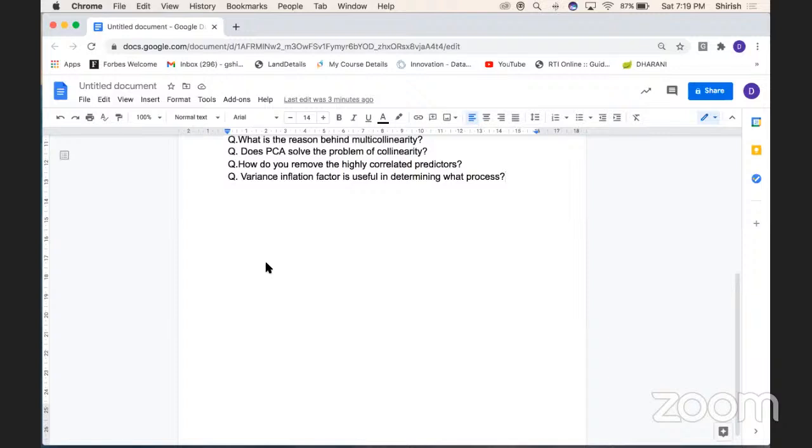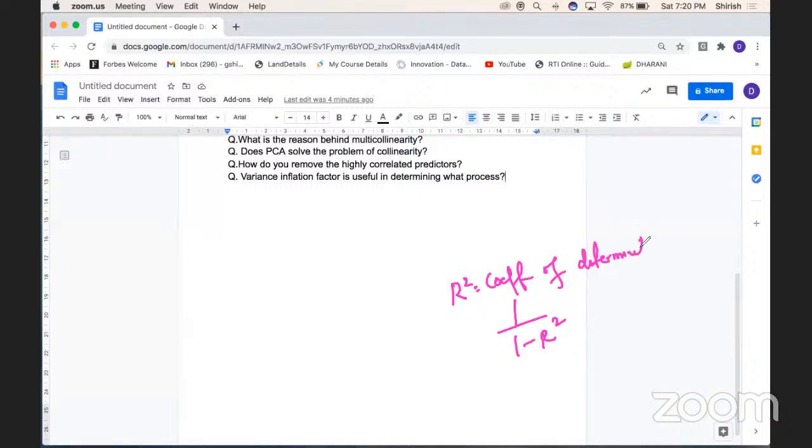Small r is your correlation coefficient whose range is from -1 to 1. 0.85 means two variables have strong correlation. But here it is 1 by 1 minus capital R square, which is the coefficient of determination. Right? It is 1 by 1 minus R square.